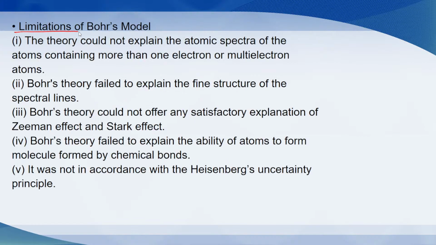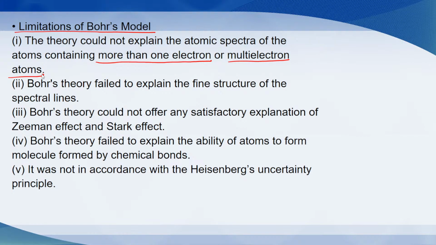Okay, limitations of Bohr's model. This theory could not explain atomic spectra of atoms containing more than one electron, or we can say multi-electron atoms. He could explain the line spectra of hydrogen atom and hydrogen-like species, but it could not explain atomic spectra of multi-electron atoms.